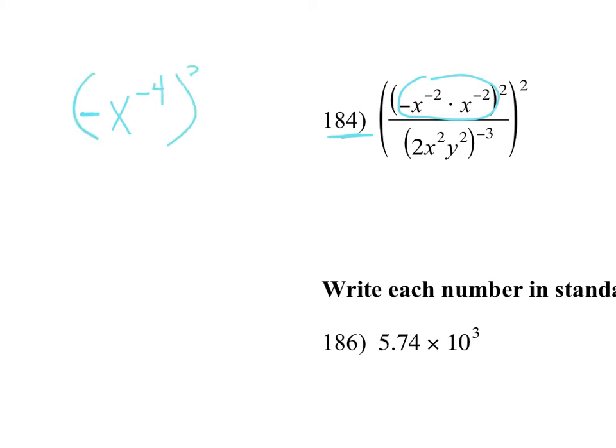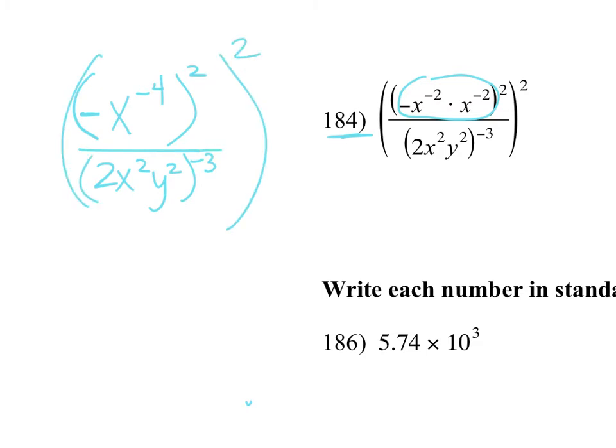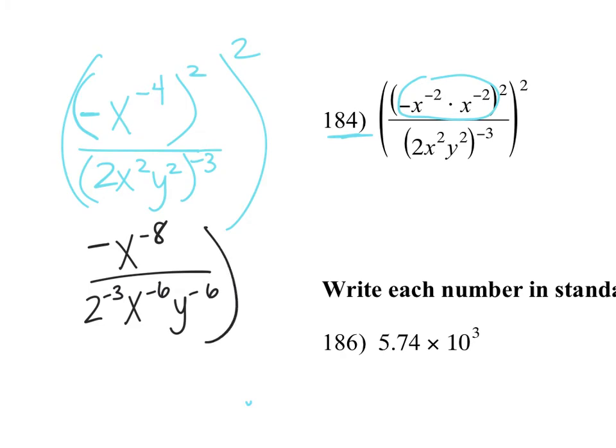And then this would be squared over 2x squared y squared to the negative third, all to the second. Okay, so I'm going to keep going. So negative x to the negative 8 over 2 to the negative third, x to the negative 6, and y to the negative 6. And this is all to the second power.